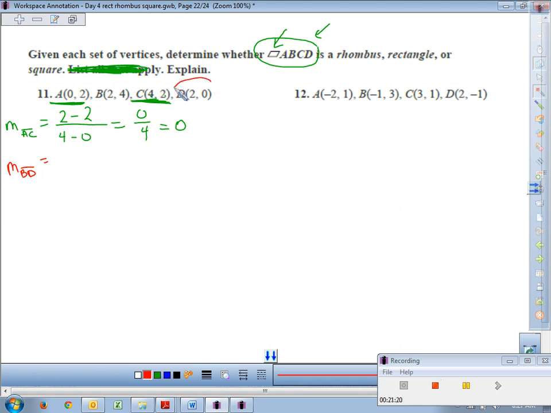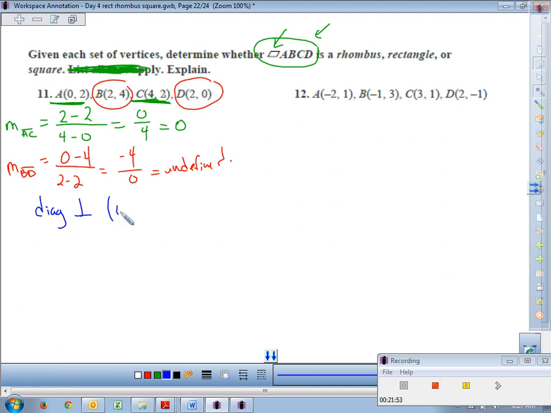And that's going to be 0 minus 4 over 2 minus 2, which is negative 4 over 0, which is undefined. Boom. Those are opposite reciprocals because one slope is for a horizontal line, one slope is for a vertical line. They are definitely perpendicular. So we just determined that the diagonals are perpendicular to each other. Reason, opposite reciprocal slopes.